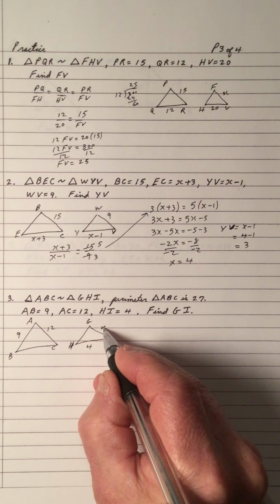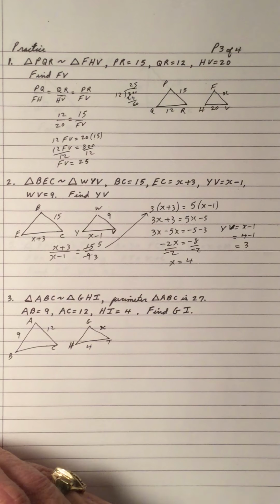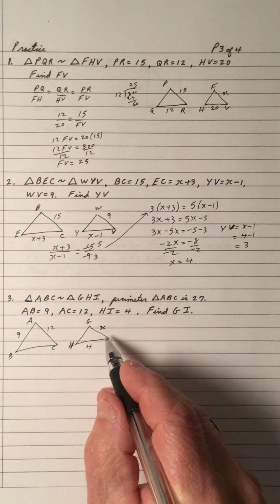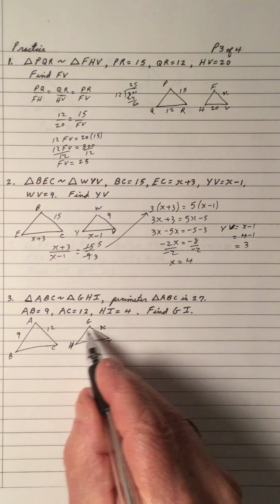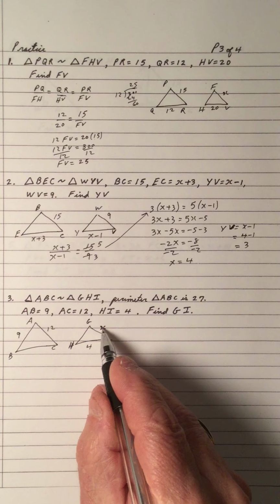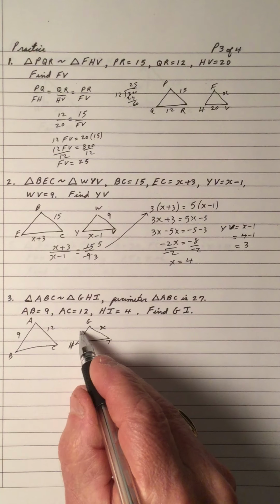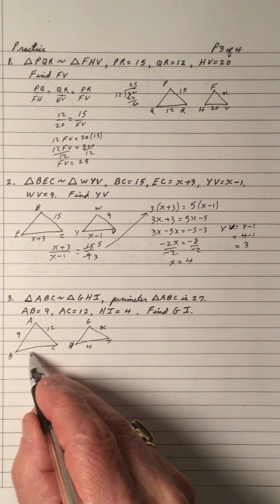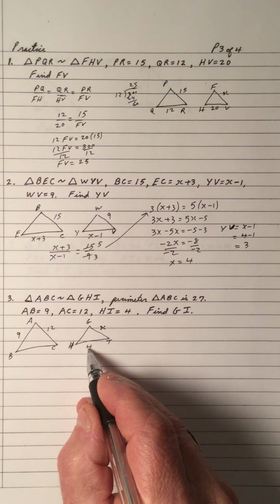Let's call GI x just for a second. That's what we got to find. We got 12 to x. We got 9 to nothing here, and we got nothing here for BC going with 4.